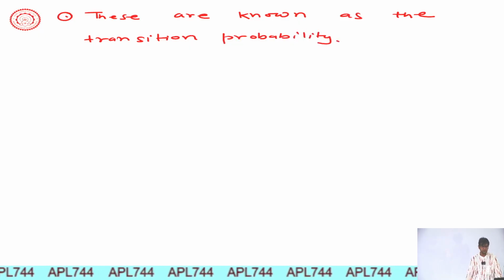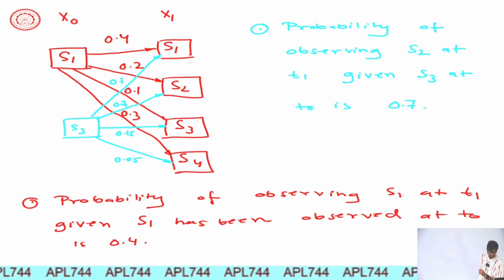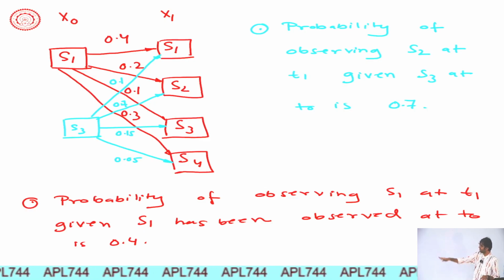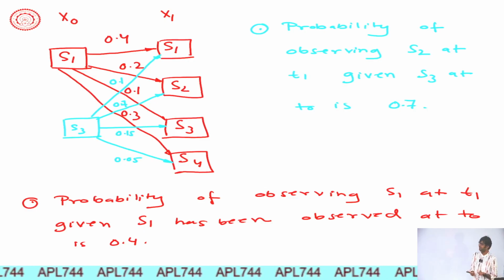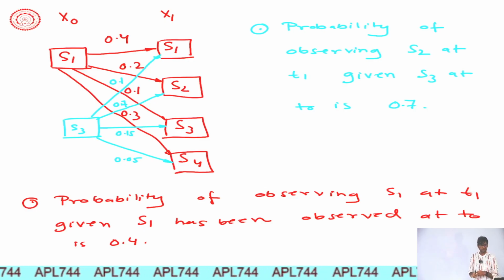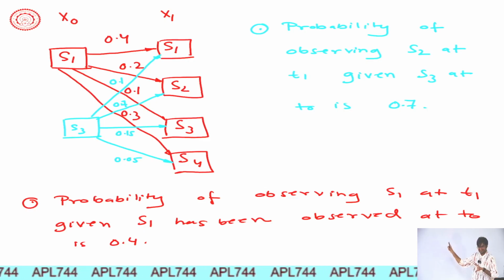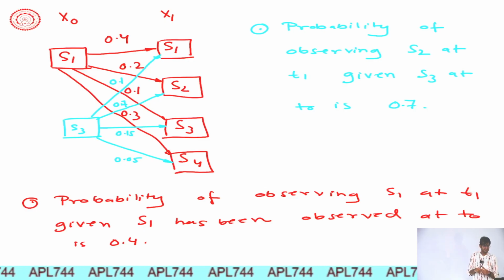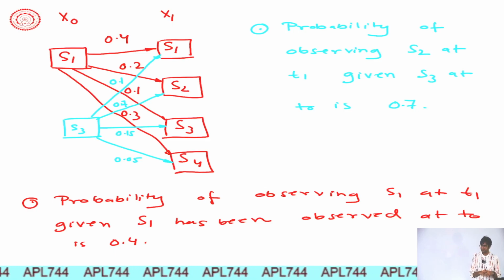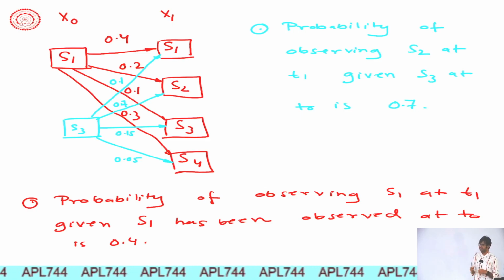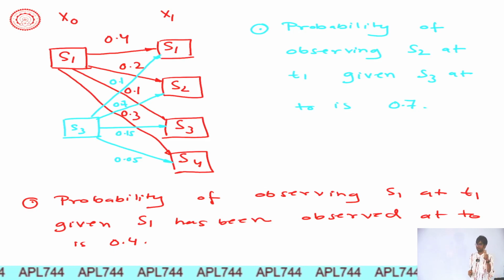Obviously you can understand that this kind of representation I have shown is very cluttered. Even with two it's almost quite cluttered. If I have 10 states, it's very difficult to represent, right? So that's why this is not a standard representation. We represent this transition probability in one of two ways.